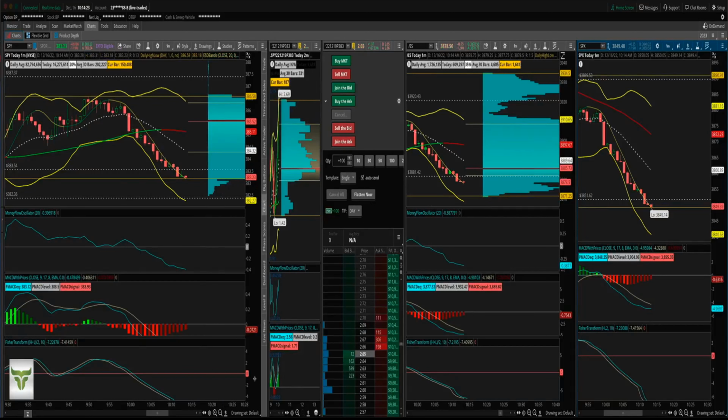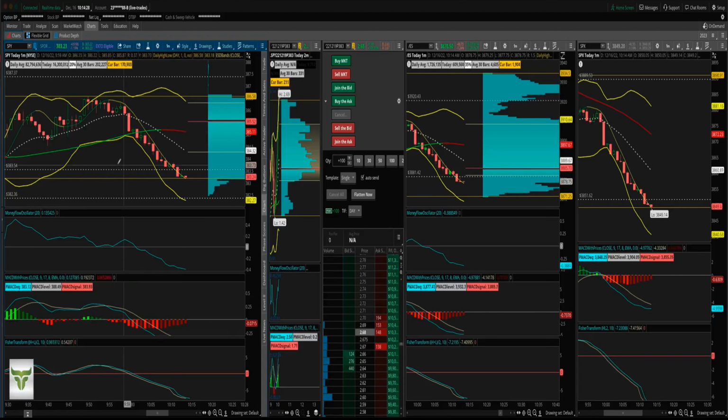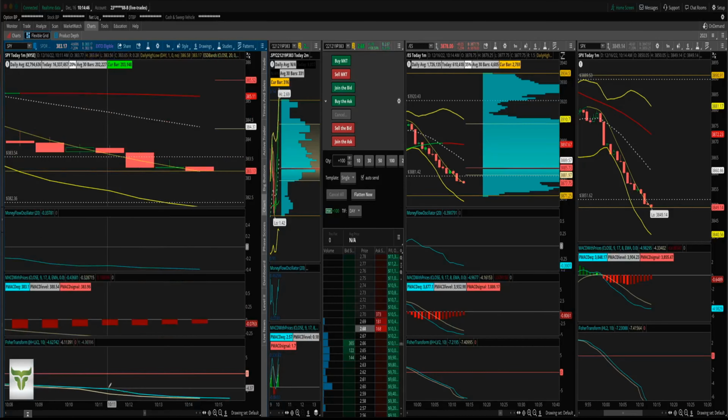So if you're wondering what I'm using to take this position, I was using the Fisher transform. So you can see it right here on the Fisher transform, the slope, and the slope of the money oscillator. So a money oscillator is the velocity of money and the volatility of money.